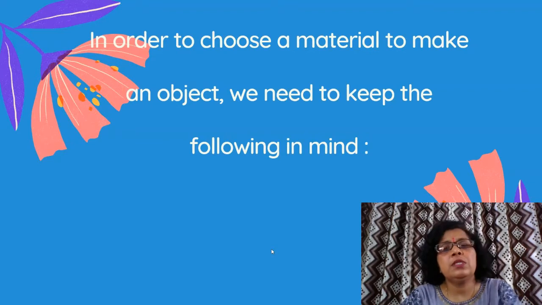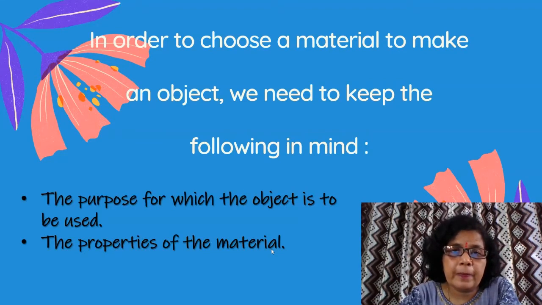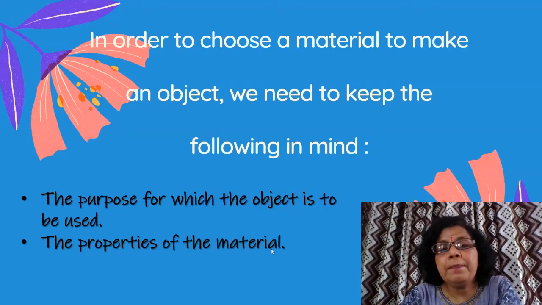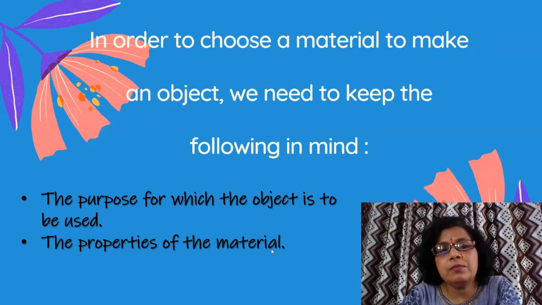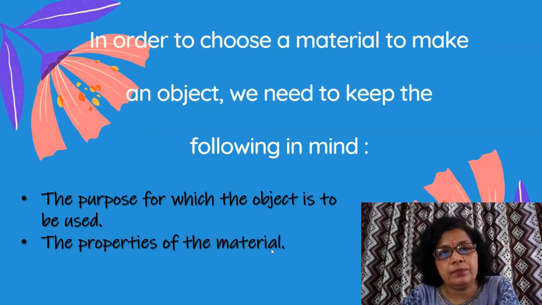Students, suppose we have to make an object. For that also we have to keep few points in our mind. Why? Okay, suppose we have to make a glass. We cannot choose paper or cloth to make a glass, because paper and cloth cannot hold water, but instead we can use plastic and metal, because plastic and metal can hold water.